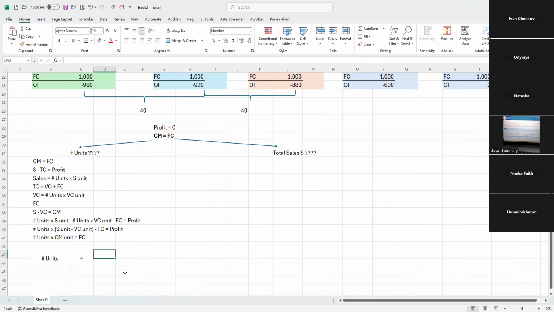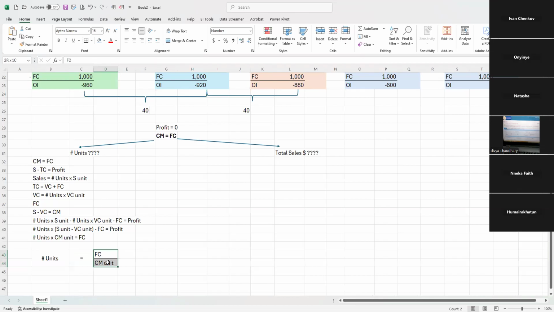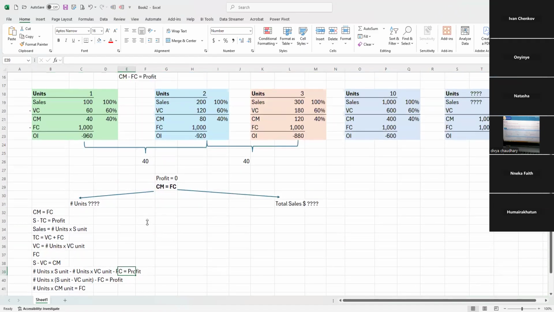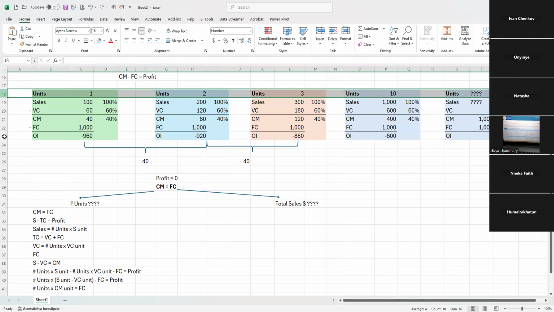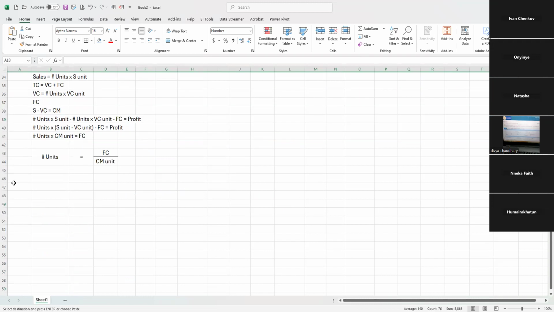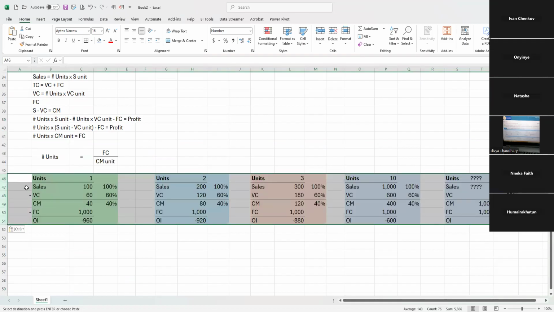Numerator, fixed cost, and denominator, contribution margin per unit. Sounds logical, right? Let's see if this actually works, because you can say, that's a nice try, but we want proof. Correct? Let's prove it.